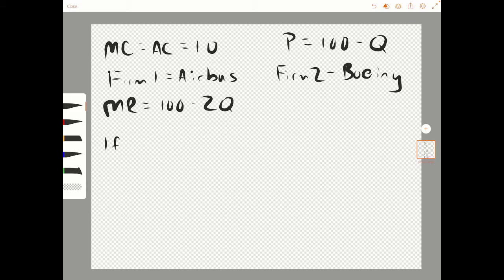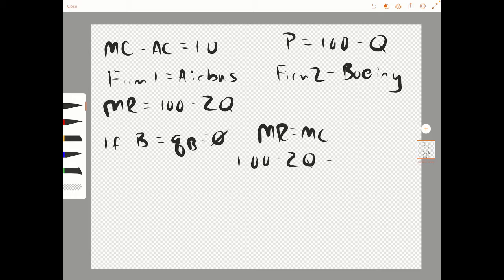Now, if Airbus acts as the monopoly and they assume that firm B has an output equal to 0, then what they will do is they'll set marginal revenue equal to marginal cost, which is 100 minus 2Q equal to 10.